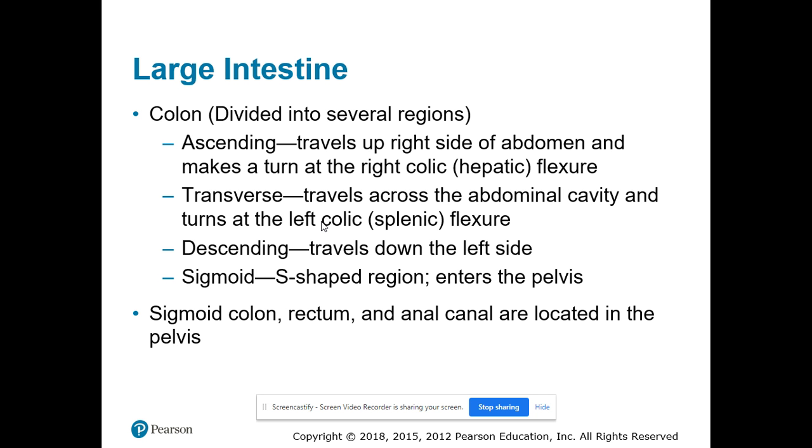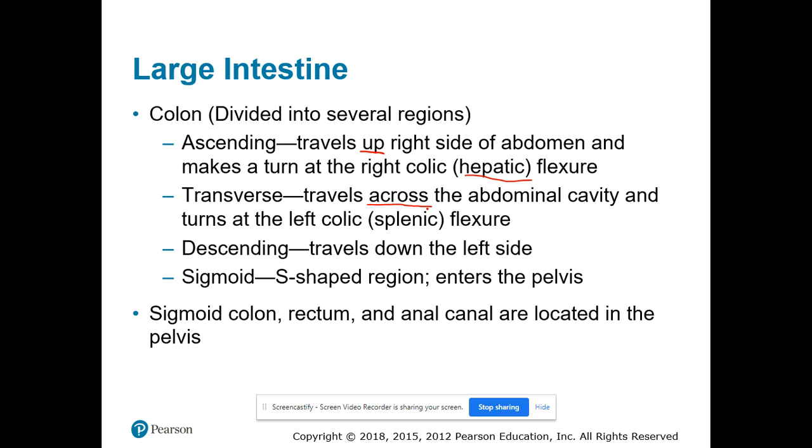The next region is your colon, which is divided into several regions. You have your ascending colon, transverse, descending, and sigmoid. Especially the first three, the names help explain where they're located and how they're found. Ascending, think about it. This is the colon that travels up from the abdomen. Then you have to make a turn at something called the hepatic flexure. Then you have your transverse colon, which travels across.